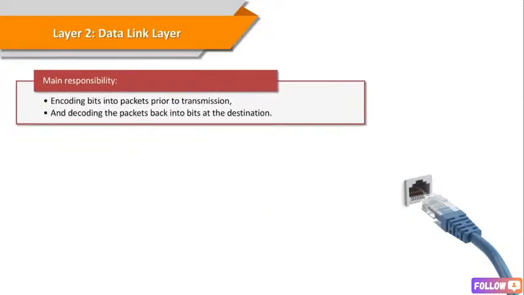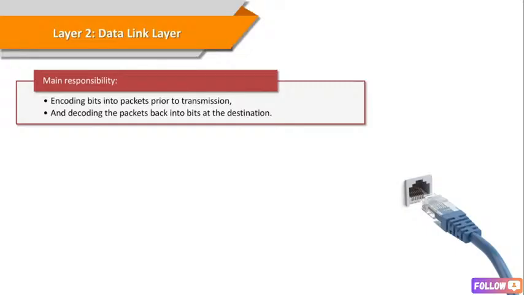So the data link layer is responsible for encoding bits into packets prior to transmission, and then decoding the packets back into bits at the destination. And bits, by the way, are the most basic unit of information in computing and communications.